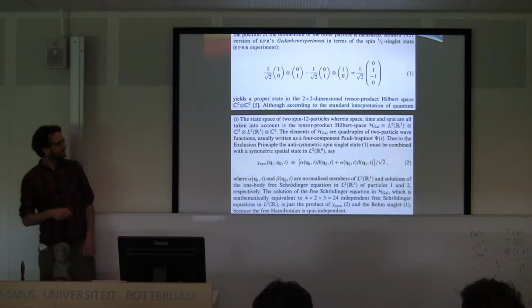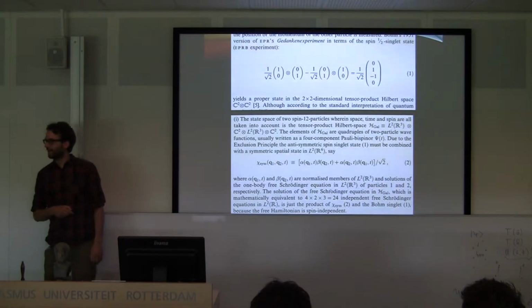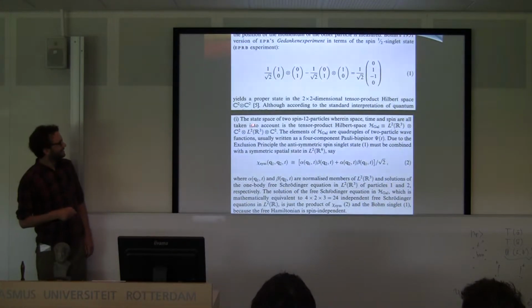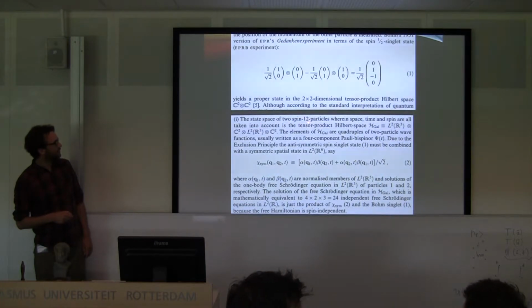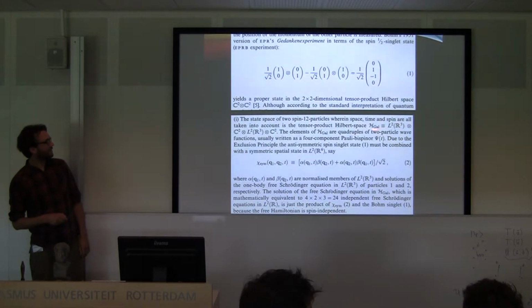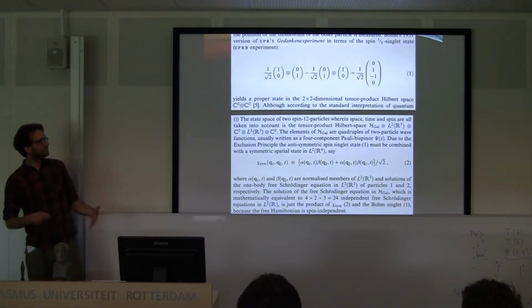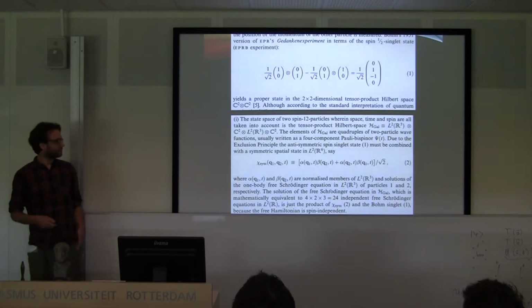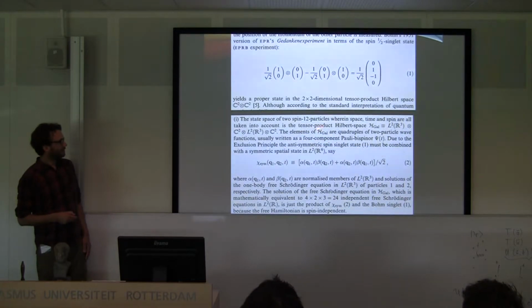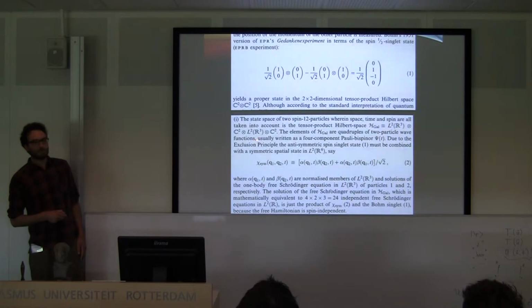And then later Fred says, I should say F.A. Muller says, the state space of two spin 1/2 particles, where space, time and spin are all taken into account. Because here we've only talked about spin, and he says, well, shouldn't we also talk about the spatial degrees of freedom? So then we have a bigger Hilbert space, which has parts for spin and parts for space. Elements of this Hilbert space are the quadruples of two-particle wave functions, and so on.